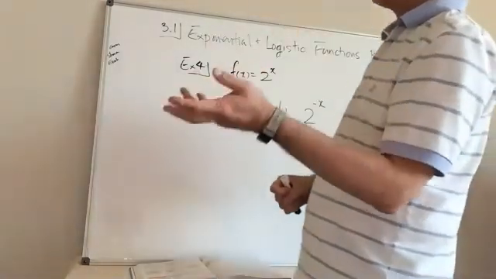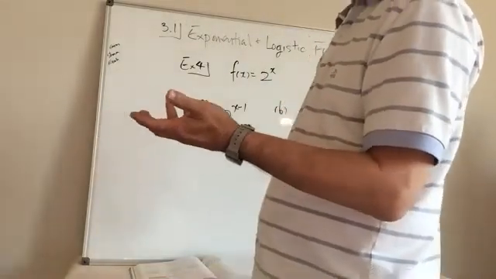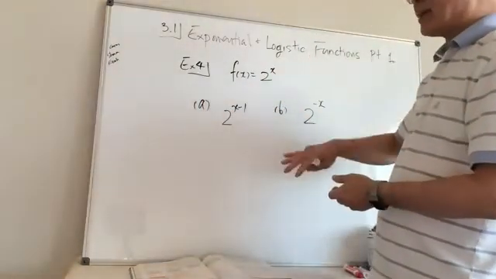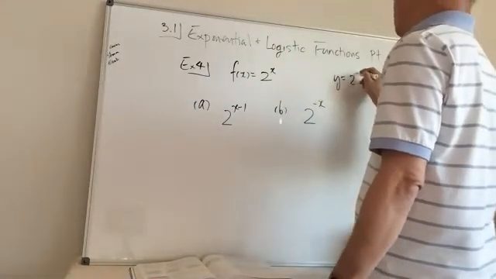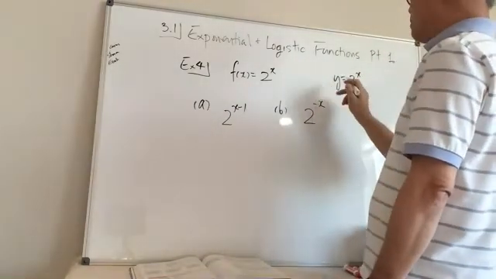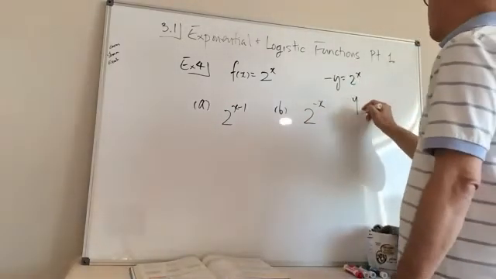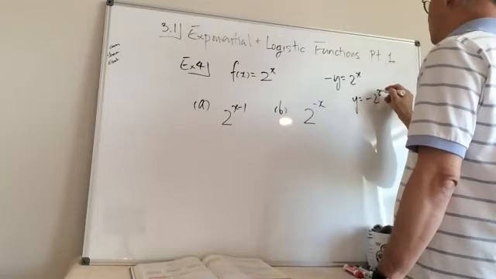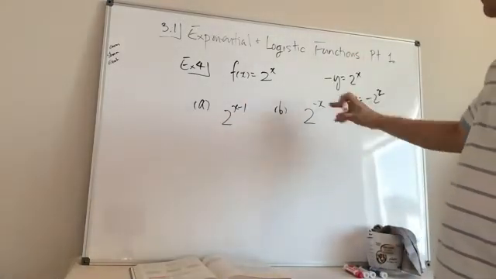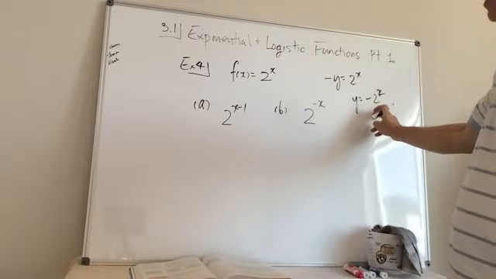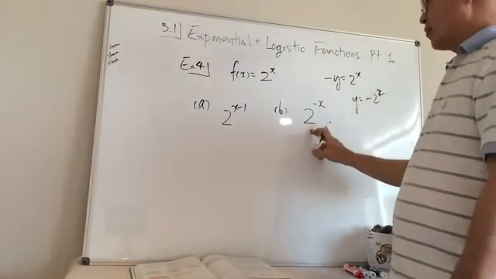If where y was, I put minus y, I would get a reflection across the x-axis. And that's going to look like what? If I start with this, and where y is, I put minus y, it's going to look like this, which means that my end result is going to be 2 to the x, like that, right? So that would be a reflection across the x-axis. A reflection across the x-axis would look like this. A reflection across the y-axis looks like this.